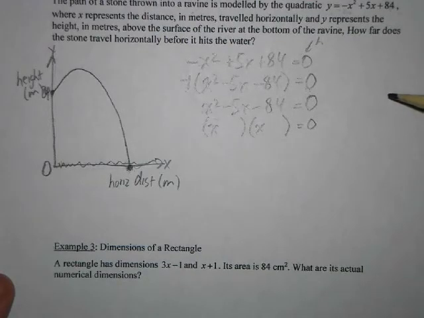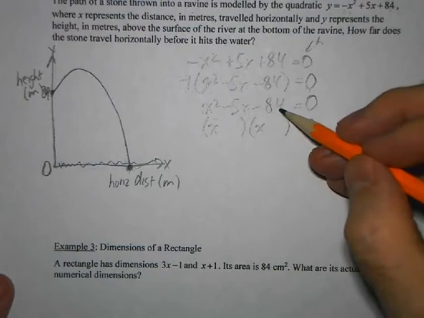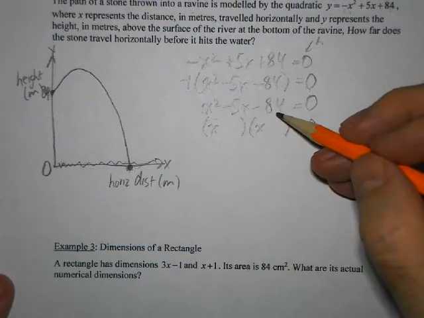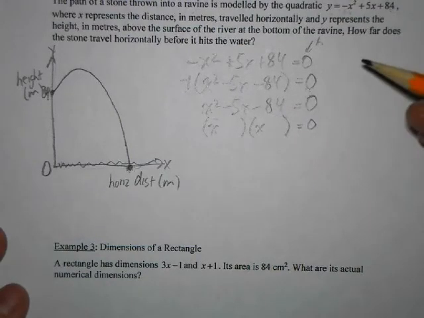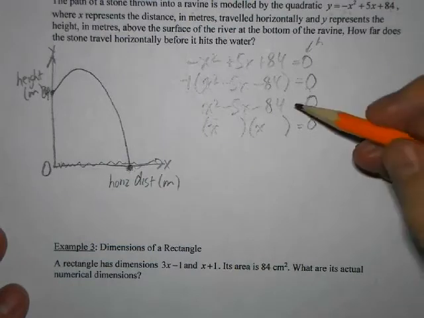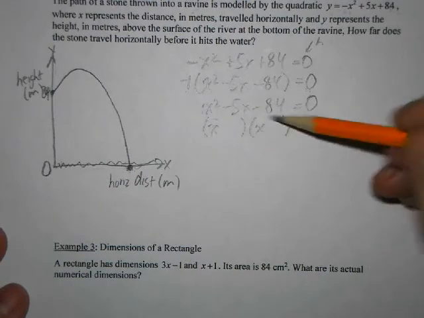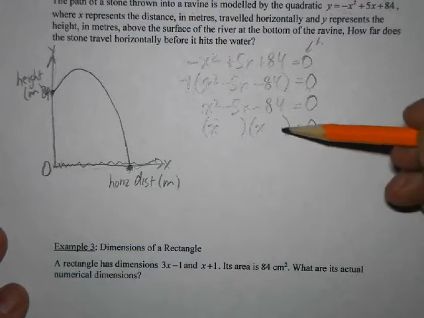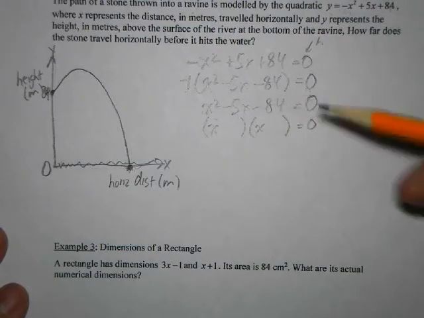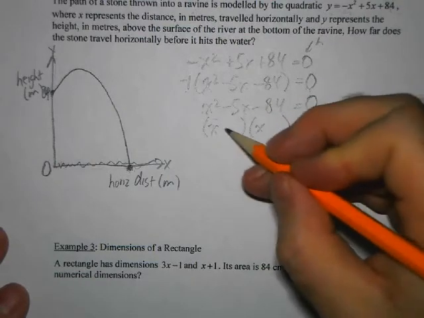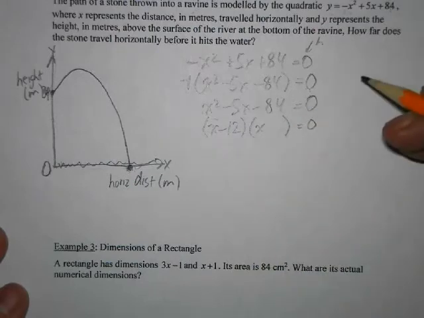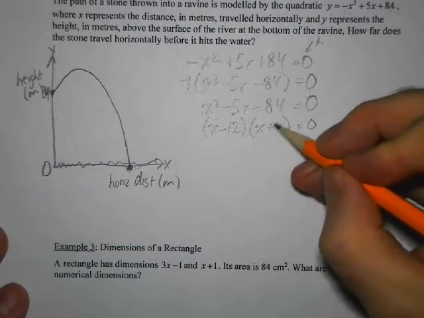So I happen to know the numbers I'm looking for are -12 and 7. So -12 plus 7 is -5, and -12 times 7 is -84. So I'm just going to plug those in. You don't have to show your work if you happen to know what numbers work.